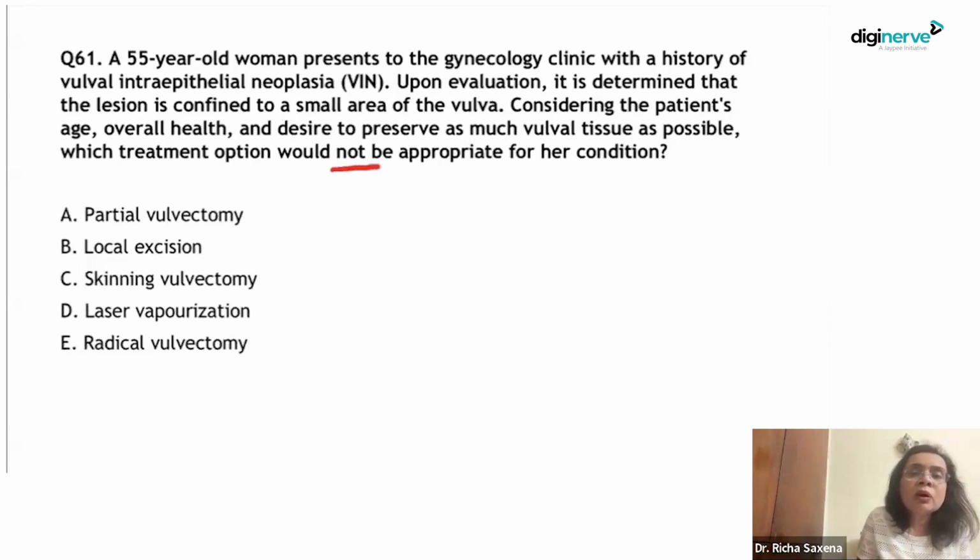The question could have also asked which treatment option would be most appropriate. Now, in this case, which is not appropriate? It is just a VIN. So what is something which you will not do in case of VIN? Obviously, a radical vulvectomy, because that will involve removal of a major amount of tissue, lymph nodes, both the vulvas, and adjacent areas. So for a VIN, all that is not required.